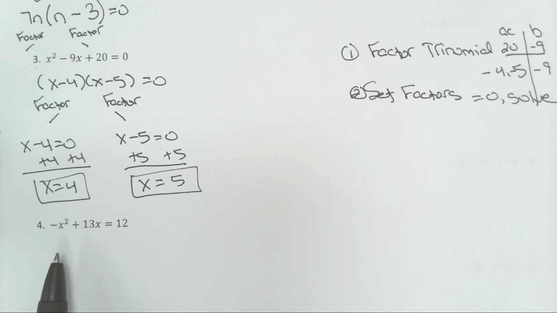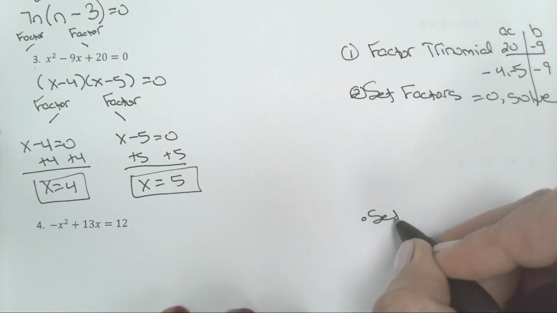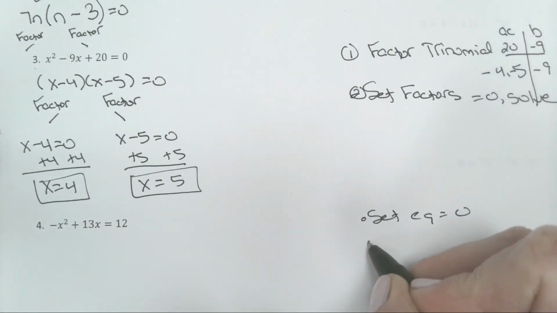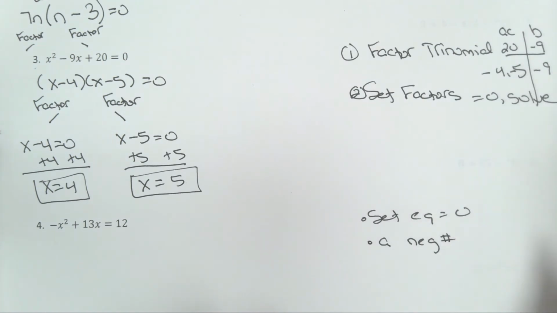This next one, set each factor equal to 0. Set your equation equal to 0. If a is a negative number, we're going to move it to the other side.